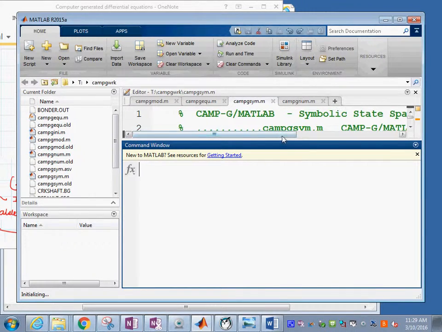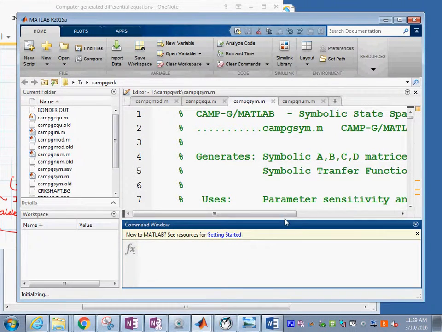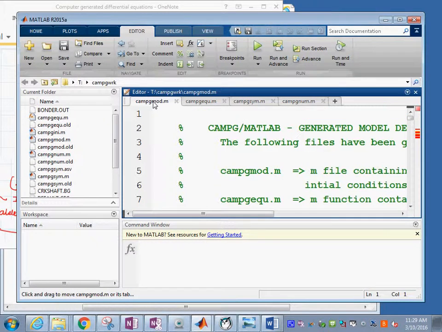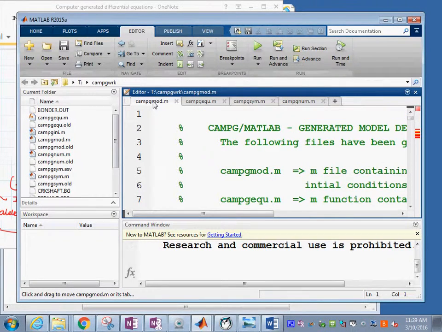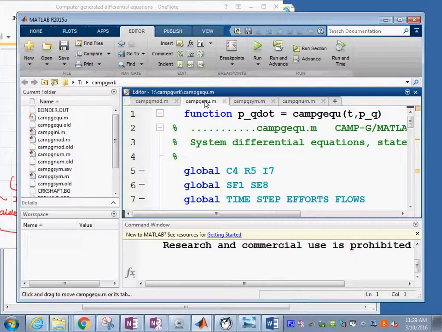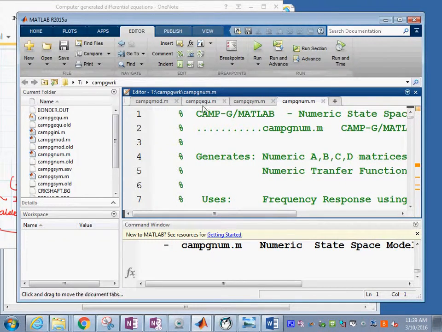Today we'll concentrate on the CAMPG module, which is the model file where you find places to initialize your variables and define the time controls. But what's important right now is this one. CAMPG-EQU is the one that generated the differential equations.